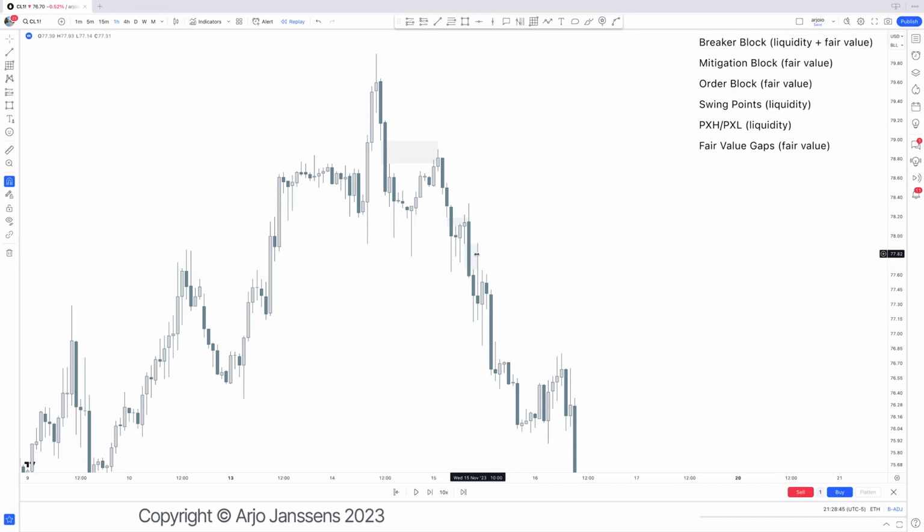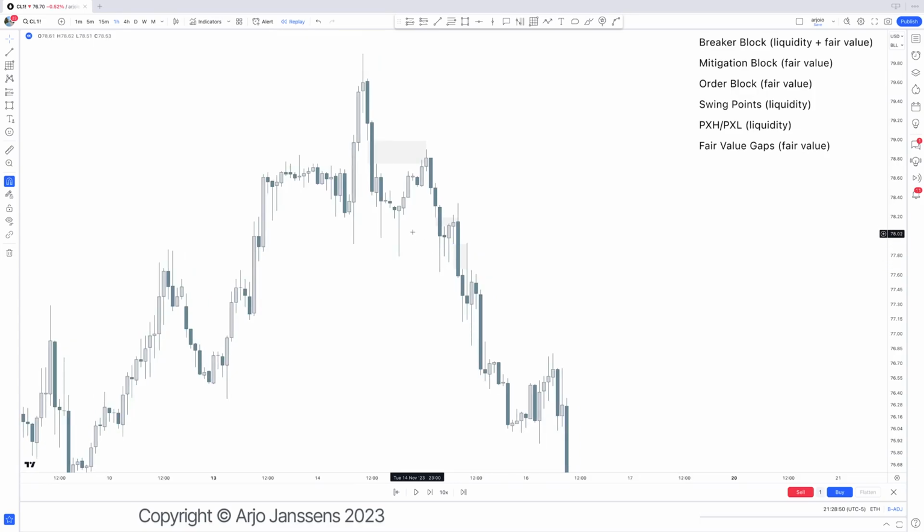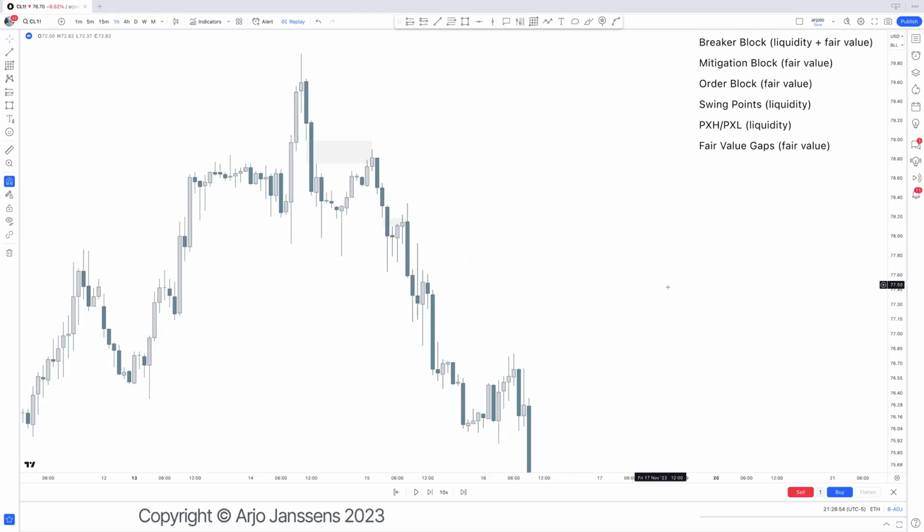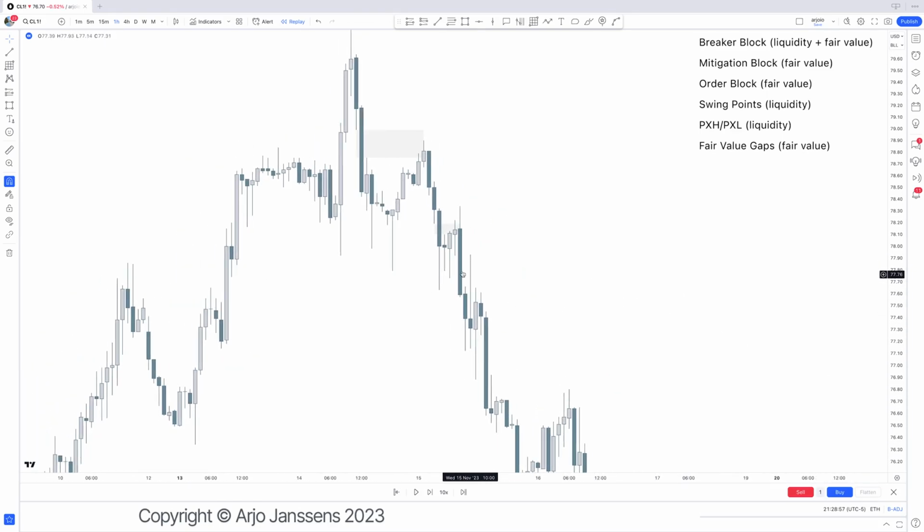Now, why did I use the low right there of that wick on that order block, and why did I use the body right there of that mitigation block? The exact low of the candle which creates the PD array, so in this case, the order block right there, that is the low of the PD array.